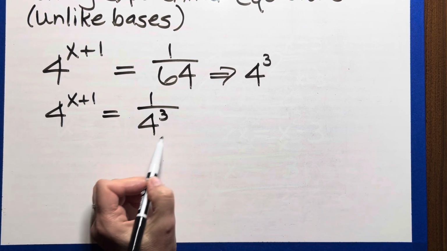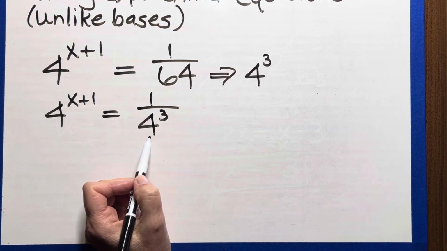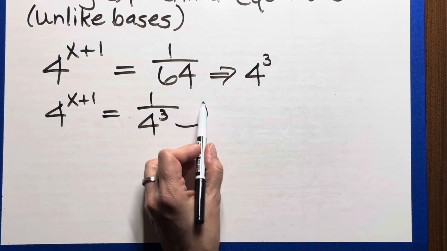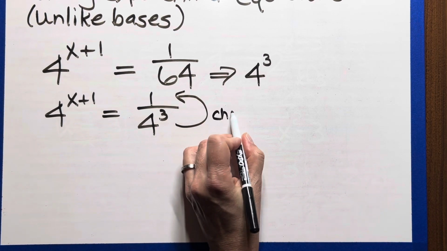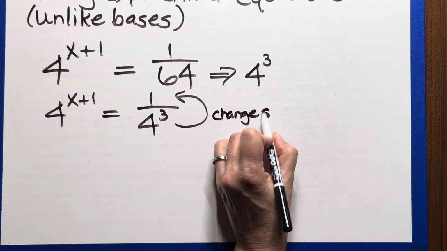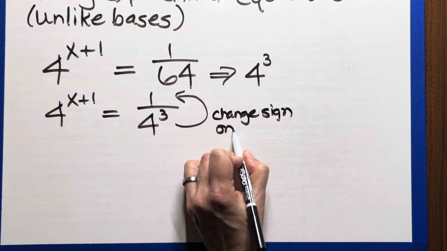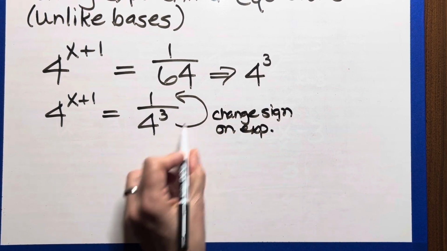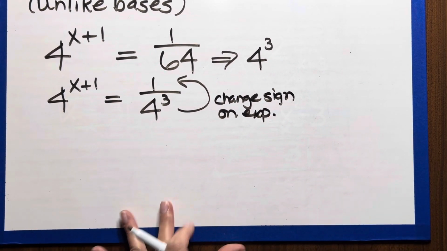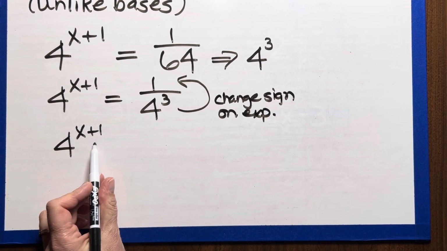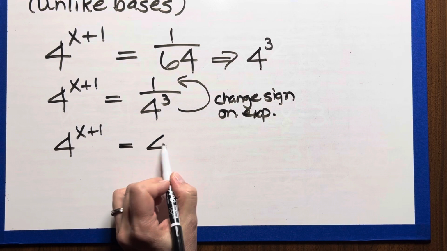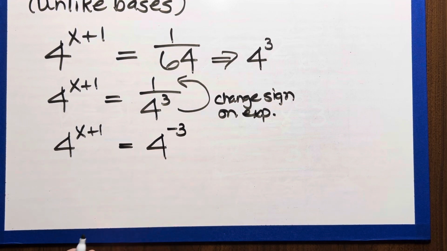Now, ideally, we don't want to have this expression in our denominator. So the rule is, if I'm going to move this up to the numerator, I change the sign on the exponent when I move it from one position to the other in the fraction. So I have 4 to the x plus 1 still. Over here, I have 4 now to the -3rd.